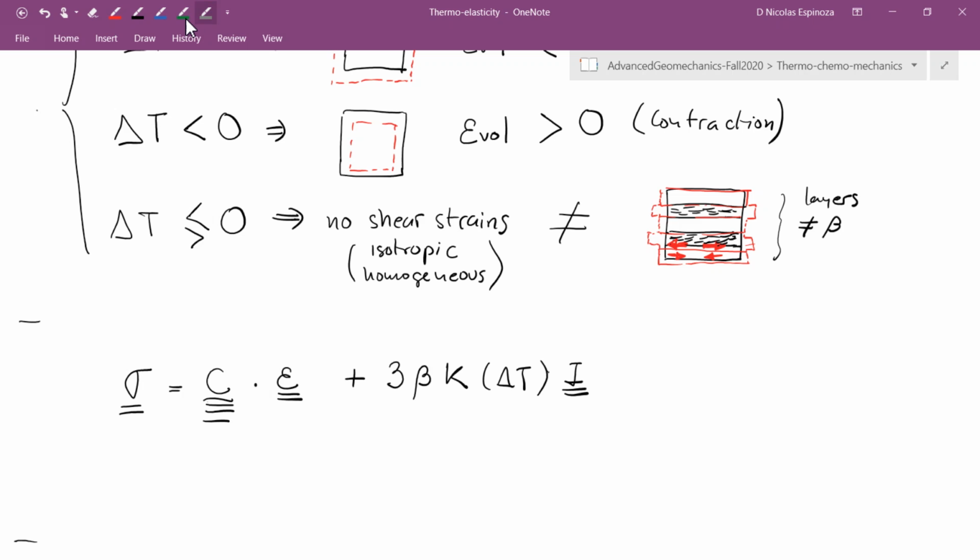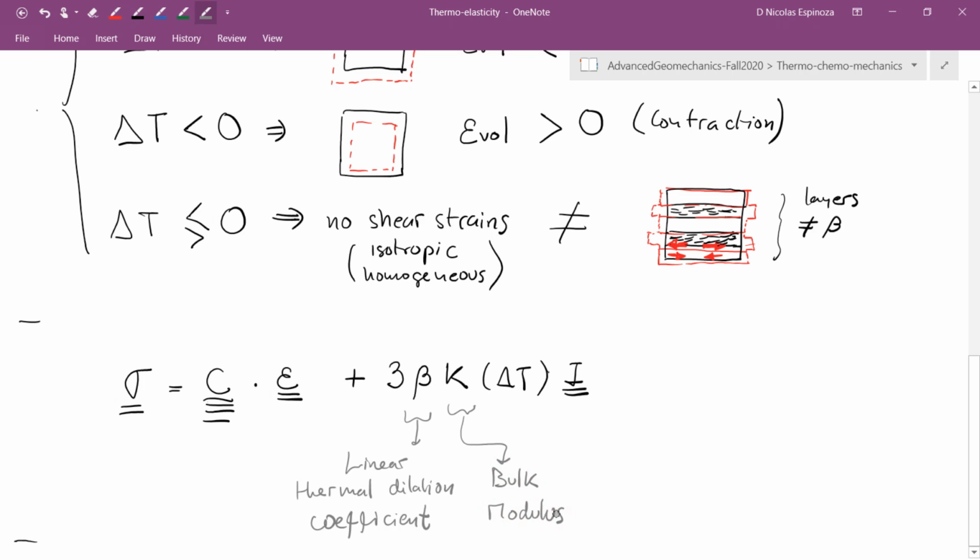This is what we're going to call the linear thermal dilation coefficient, beta. What we have over here is something that we already know, the bulk modulus. Here we have the change of temperature.